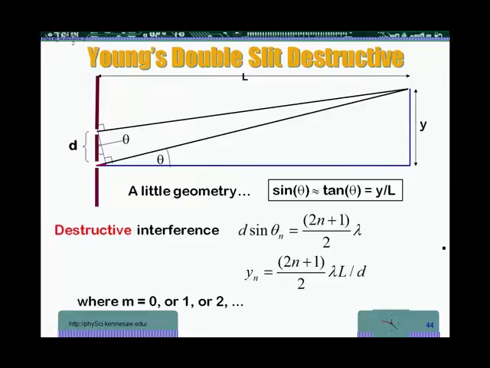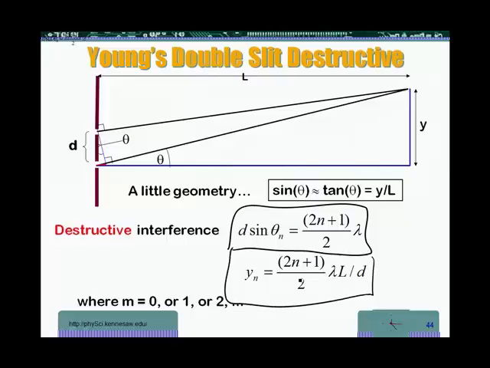Okay, I could go through the same analysis for destructive interference. Remember our equation, remembering that y over L is tangent theta, and we have a very small angle here because it's a large L. So the positions for the dark fringes, or destructive interference, are given by this: yn is 2n plus 1 over 2 lambda L over d, where n takes the value of 0, 1, 2, and so on.